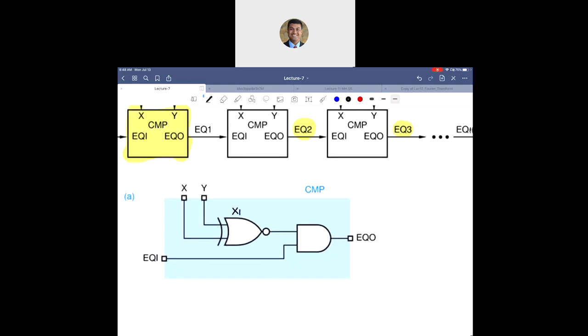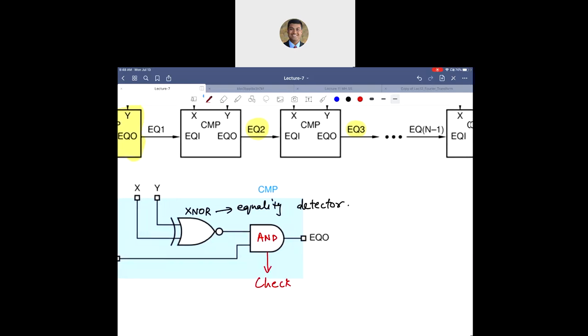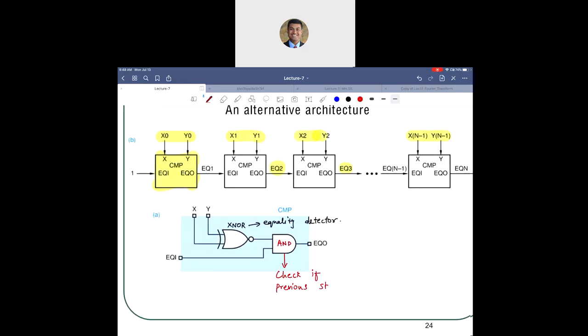And you have the AND gate to essentially check if the previous stage was equal, right? So you only do the next stage if the previous one was equal. Otherwise, it will generate 0 and it will break the entire chain.